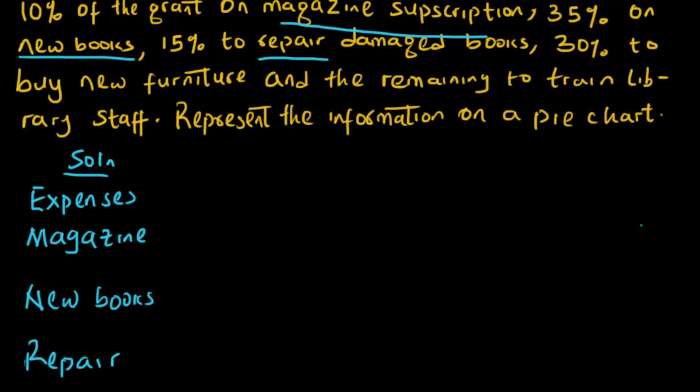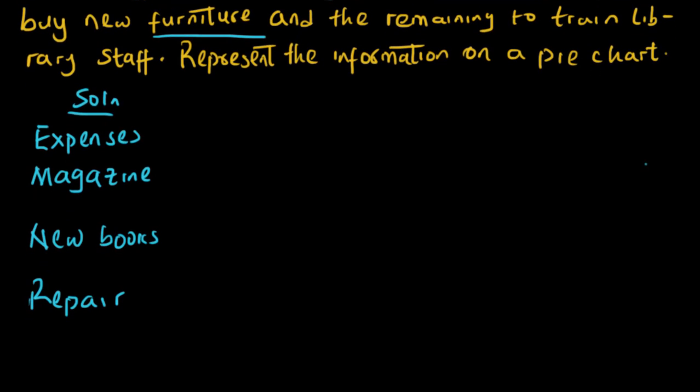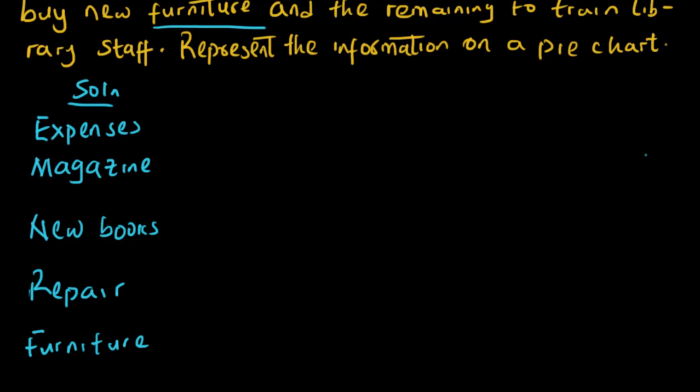Then 30% to buy new furniture. So we can call the next one furniture. So we have the remaining to train library staff. Now we don't have space again, so I can put it by the side here so you can see. So we have expenses. We can call this training.